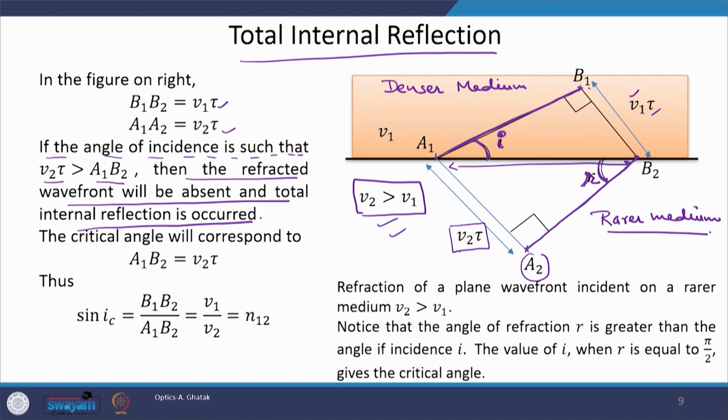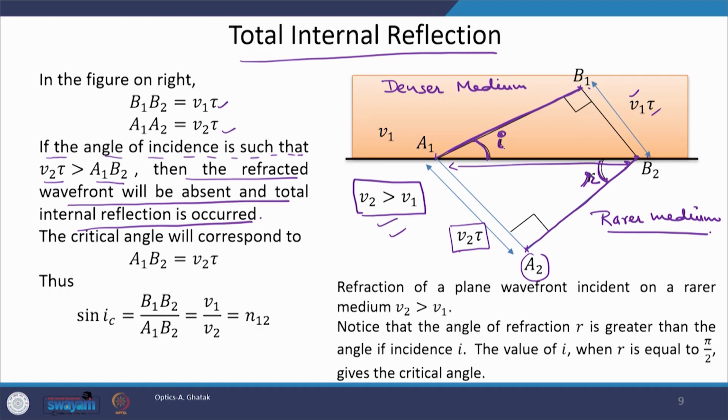If we want TIR to happen here, then A1 B2 must be smaller than V2 tau. Let us take sine of R, where R is the angle of refraction. Then sine of R would be equal to A1 A2 by A1 B2. This is from the figure.